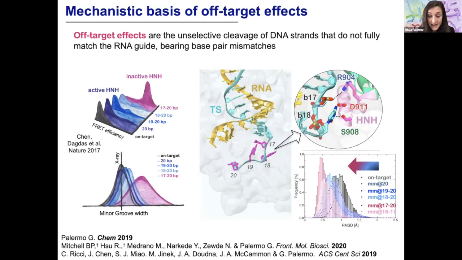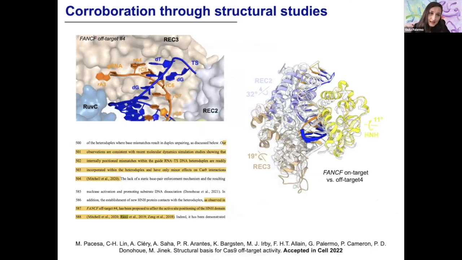So we used enhanced molecular dynamic simulations of the system in the presence of mismatches, and we observed that in the presence of 4 mismatches, there is an extended opening of the hybrid, which results in strong binding of the catalytic HNH domain, locking it into the inactive conformation, which could explain why it does not activate, or is unlikely to activate, in the presence of 4 base pair mismatches.